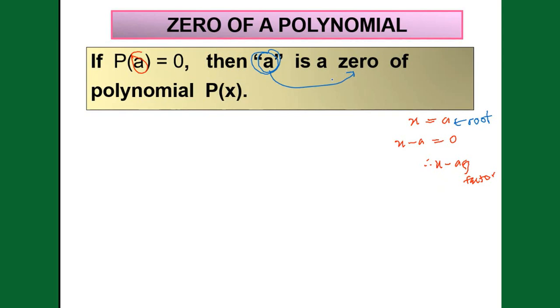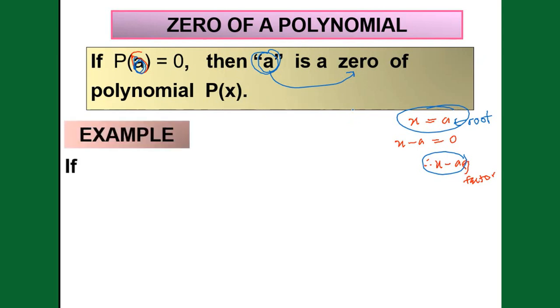Okay, benda yang sama tapi different name. Ini 0. Yang ini root. This one factor. Nanti kau ulang lagi, don't worry, this is just introduction, jangan panik. So sekarang if P of A is equal to 0, then when A is substituted, the polynomial becomes 0. Dia menzerokan polynomial, so we call this zero of polynomial.